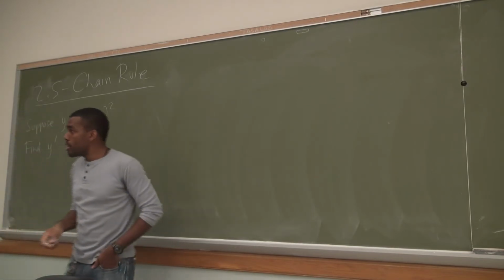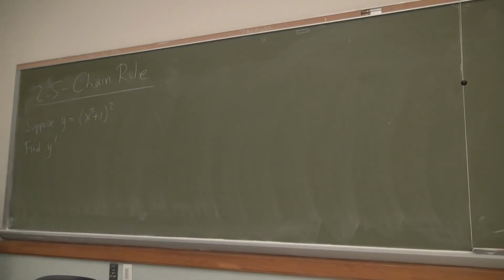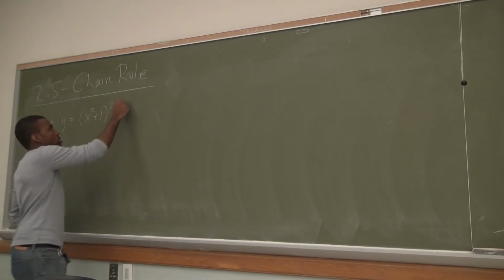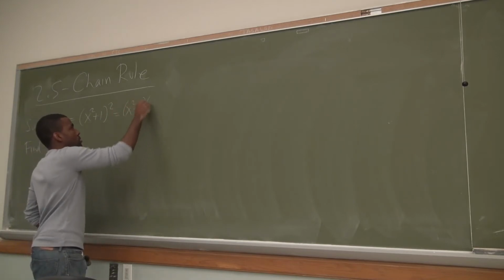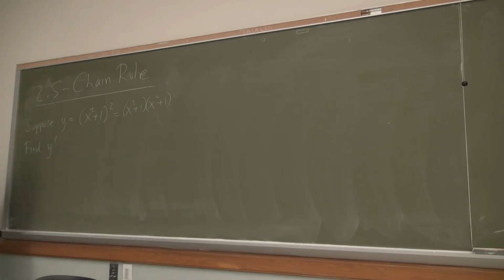Let's say we have this problem, right? Y equals (x squared plus 1) all squared. How do we differentiate that? You would bring the exponent in front, leave the inside alone, and then multiply by the derivative of the inside.